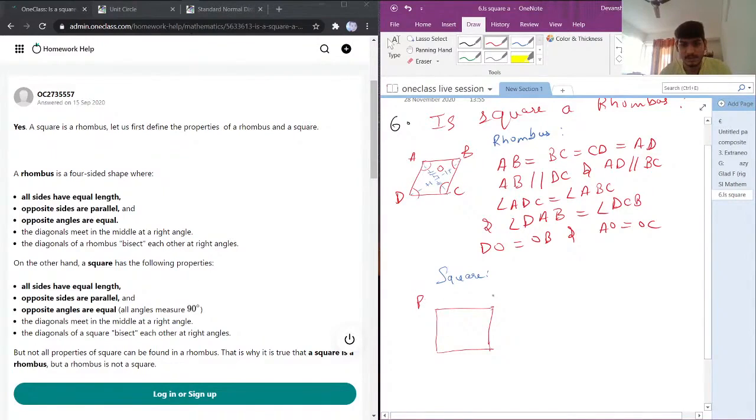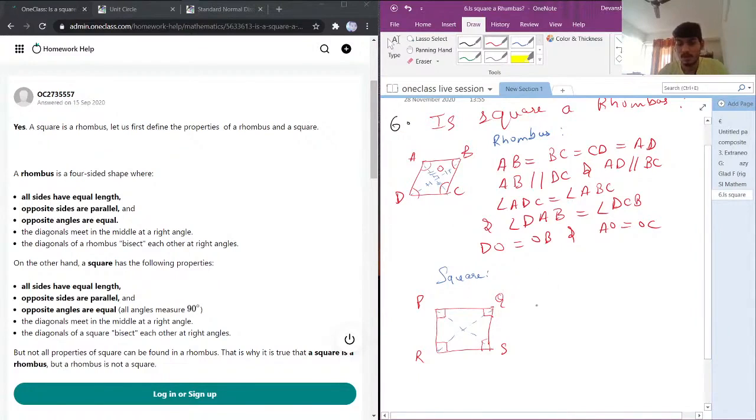I'll write it as PQRS, and I need to draw the diagonals. I will write 90 because a square has 90 degree angles.